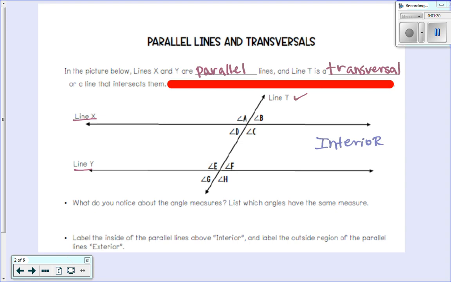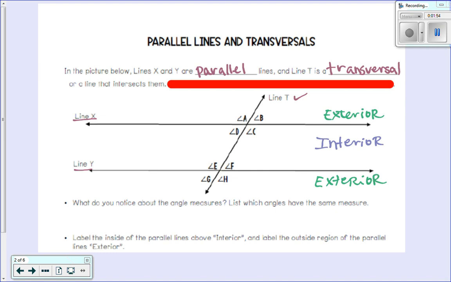Are we good with that? And of course, the angles outside the parallel lines are exterior. So we good? All right.